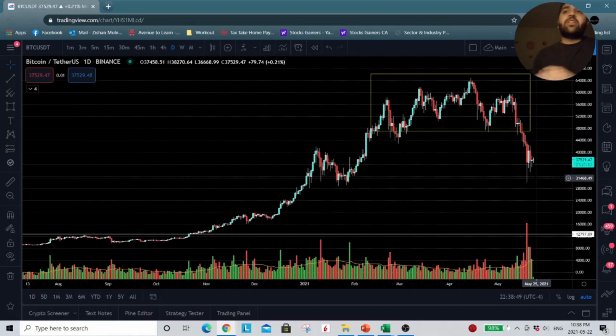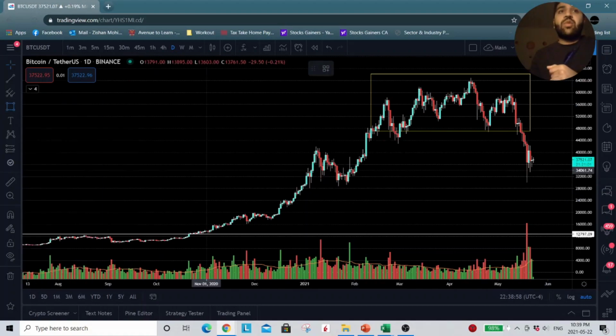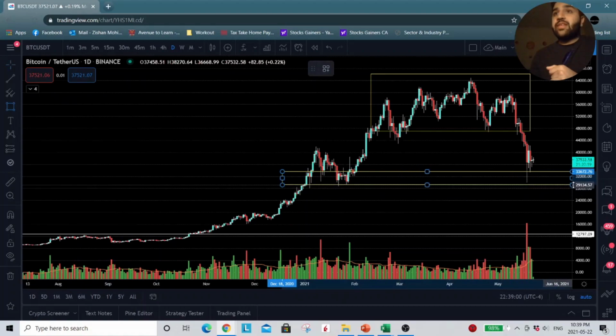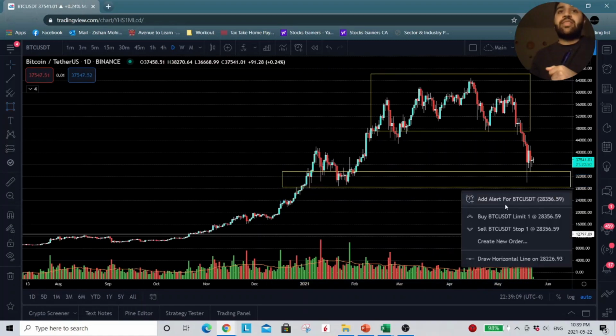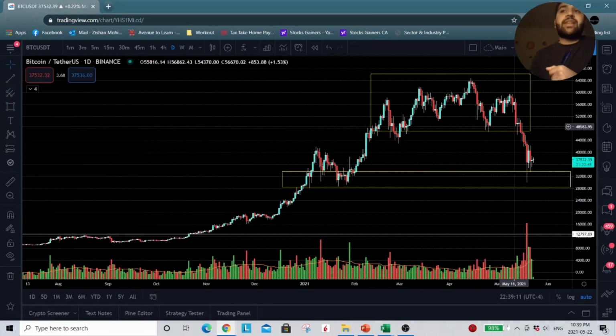So we don't necessarily know now what makes sense and what areas are potentially buy areas. What we can do is look at previous support areas. So what I think is either around here, between these lows, I would say probably 28,000. If we were to lose 28,000, then we need to look at the next structure area.